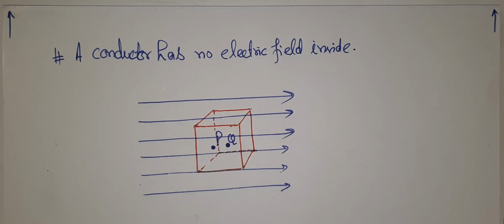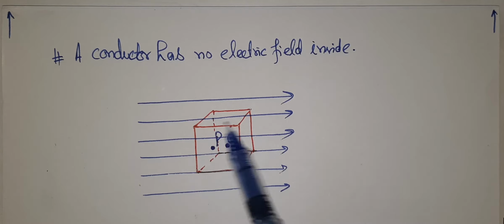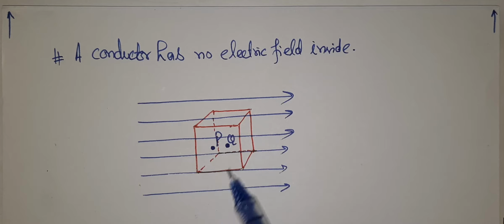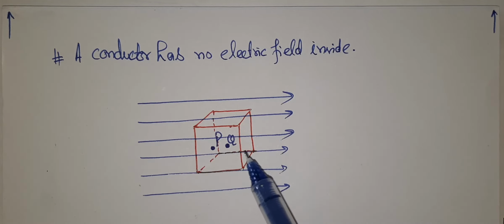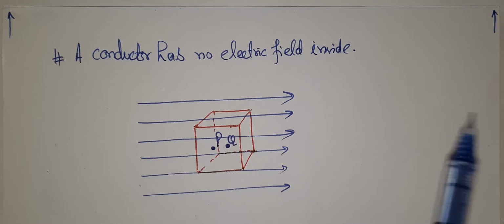And this particular property of a conductor, जिसके कारण that conducting body is able to protect all the points which are there inside the conducting body from the electric field, जिसके अंदर वो points थे, ठीक है.